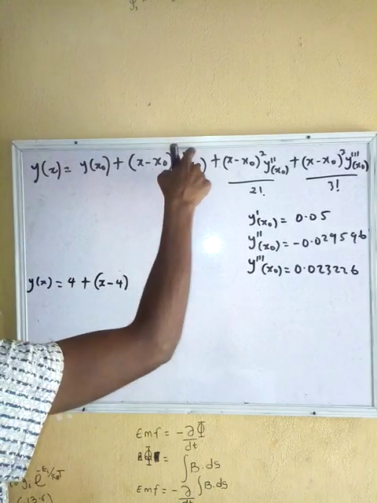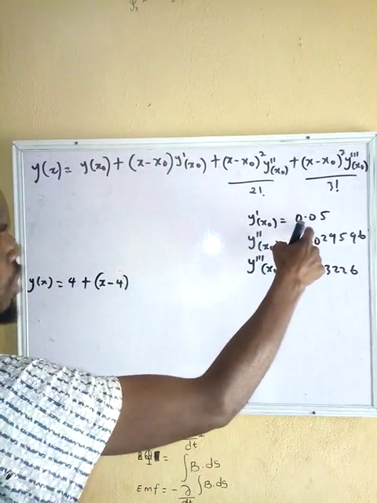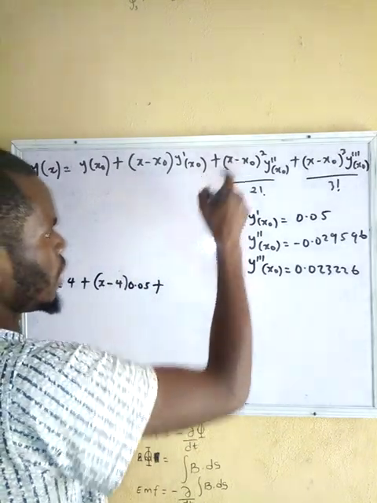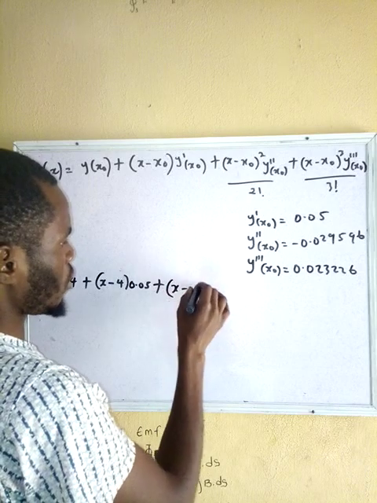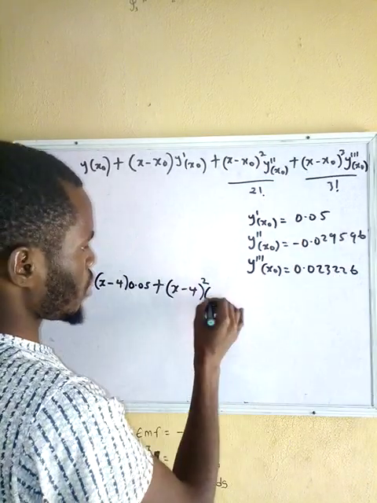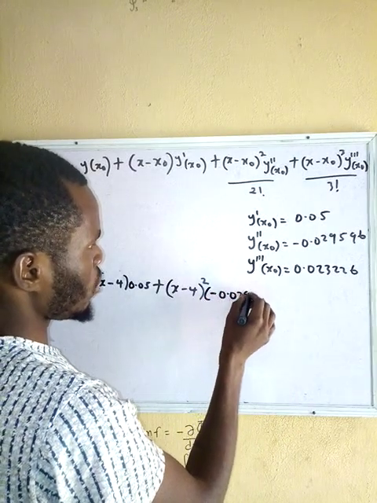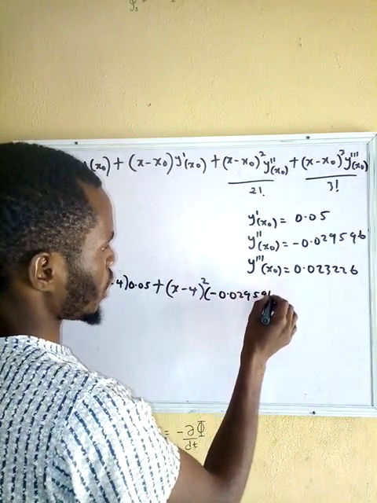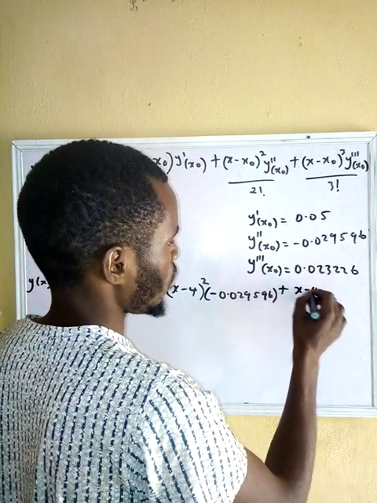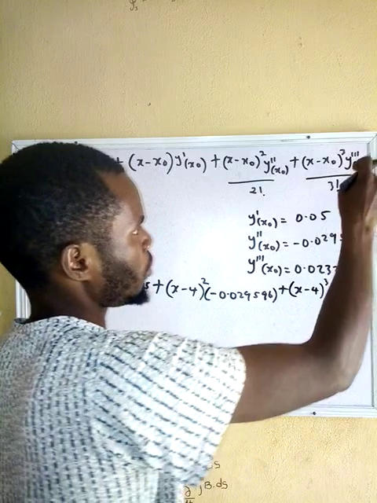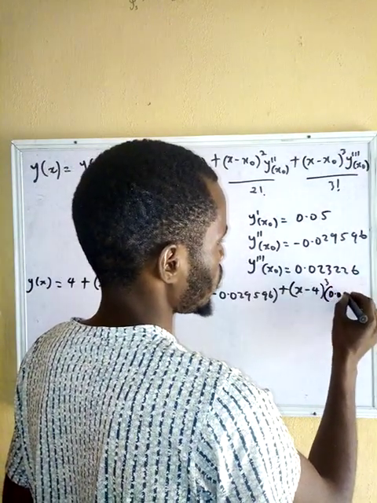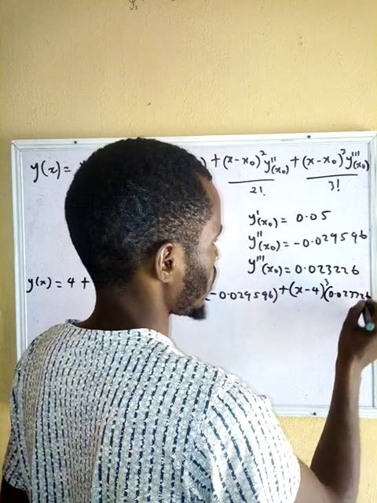y prime of x naught will be replaced with 0.05, plus, here now, x minus 4 squared. y prime prime will be replaced with this, minus 0.029596, plus x minus 4 cubed, which will be replaced with this expression, 0.023326.